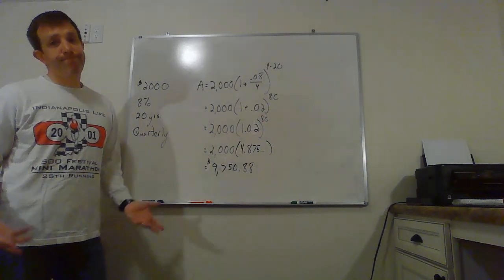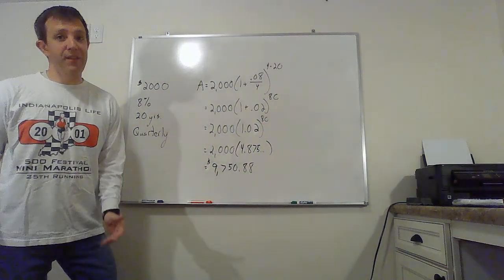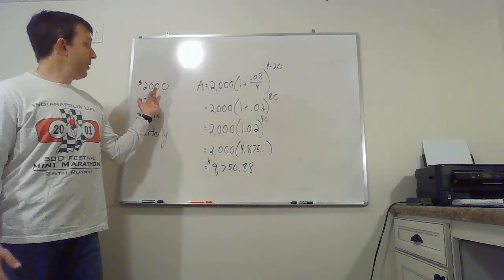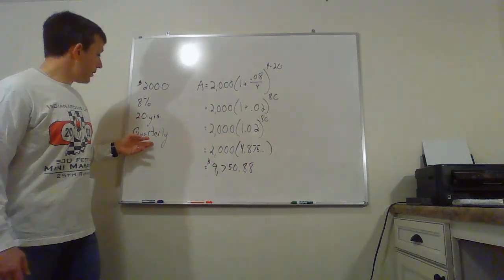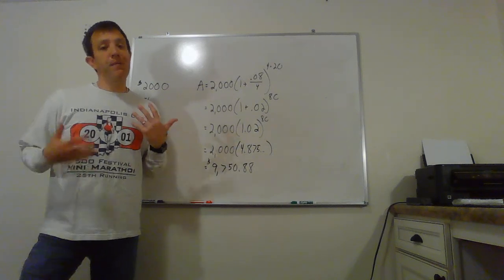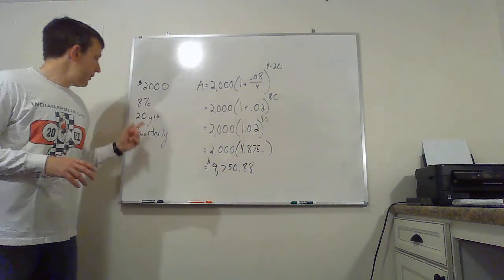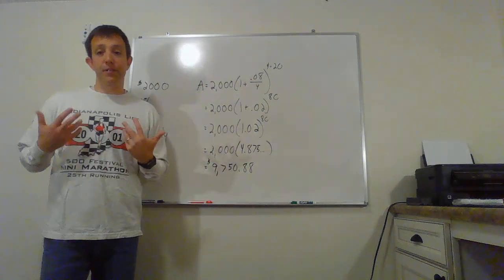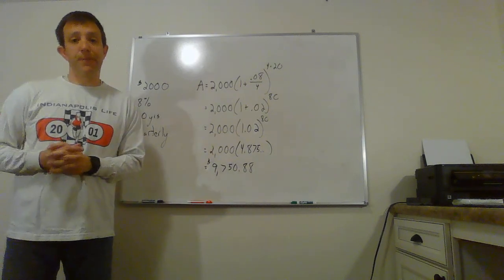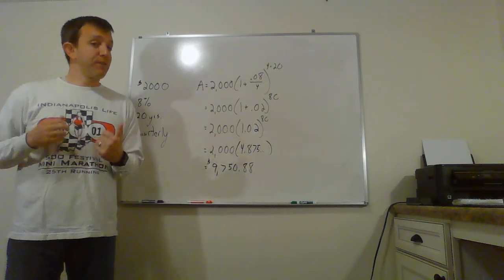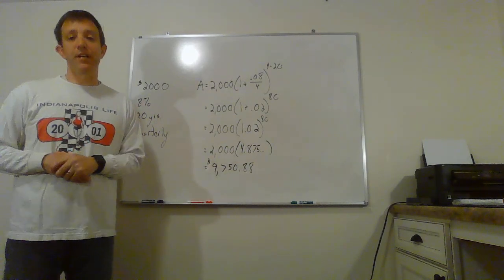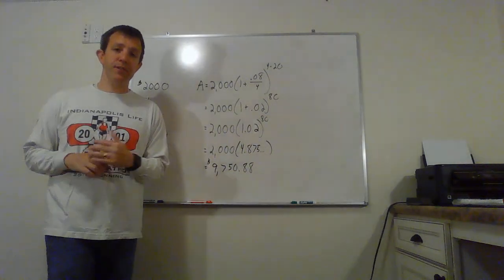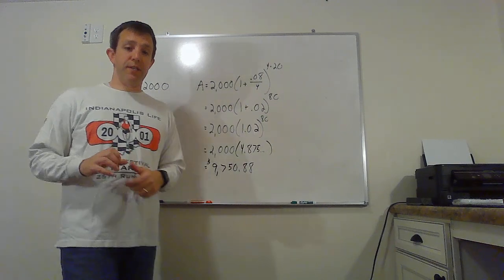But again, unless you've got way more money than I do, it might be hard to even come up with $2,000 to invest. The number of compoundings makes a difference, but maybe not as big as we think. It's really the length of time that makes all the difference in the world. So, I like to tell my students, start investing early because it will pay off in the end. So let's go ahead and move on to continuously compounding interest, and we'll see how that changes things.